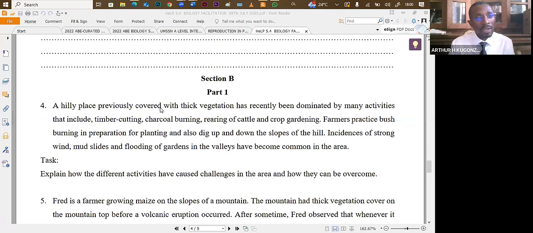With this new curriculum, if you just get one thing, that I need to know what the task wants me to do and then follow that, you will not have any challenges answering these scenarios.